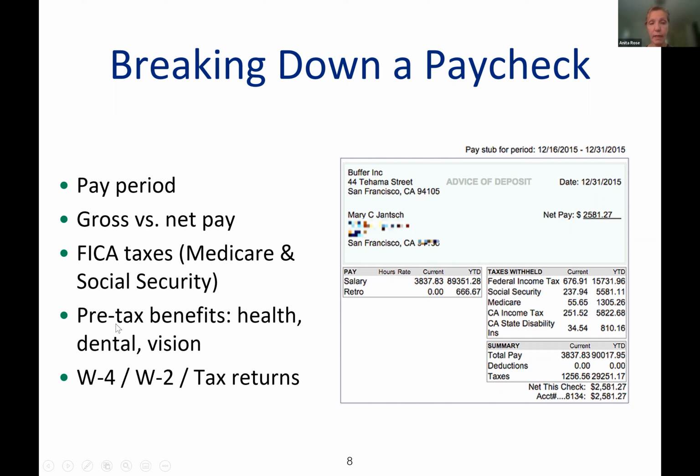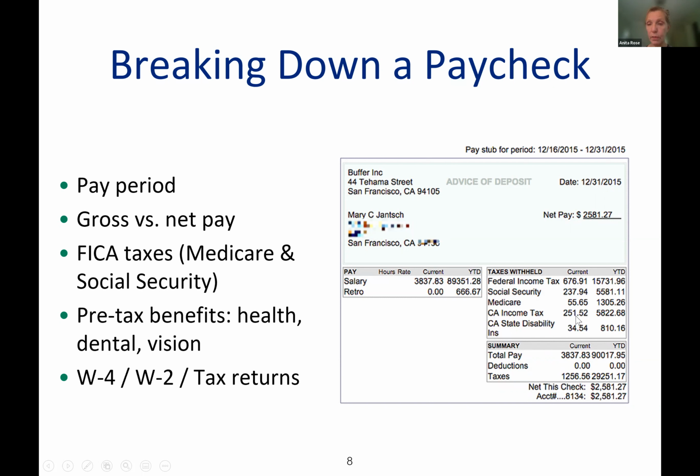And then, maybe we have some pre-tax benefits, like health, vision, dental, that sort of thing. We don't have any in here. We do have some additional taxes, because this is California. There is California income tax that's taken out, and state disability insurance, which the employee pays rather than the employer in California.